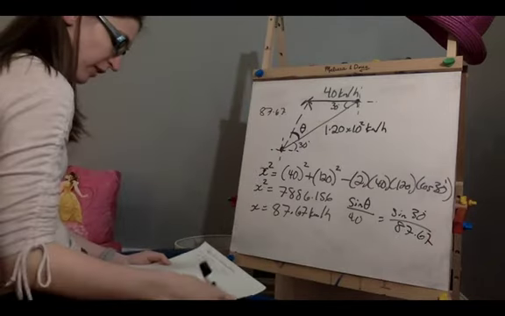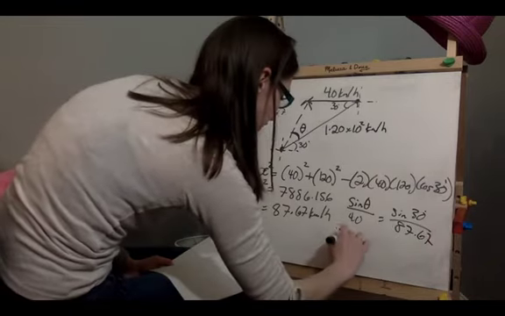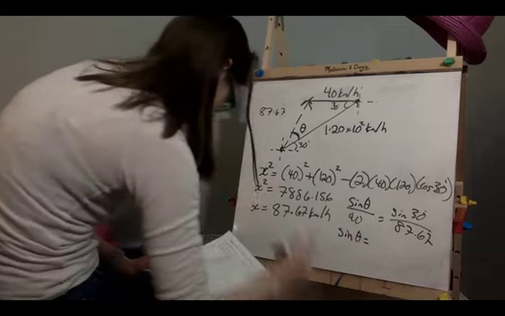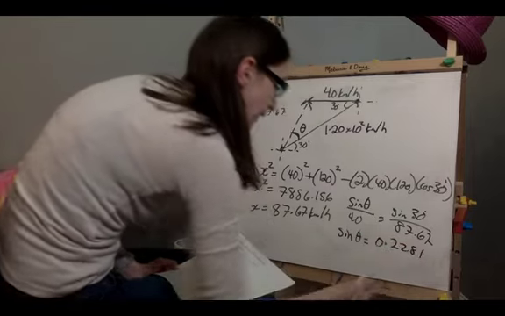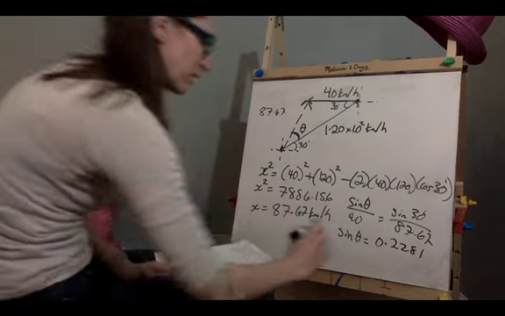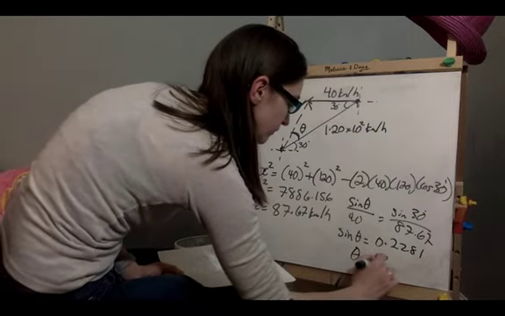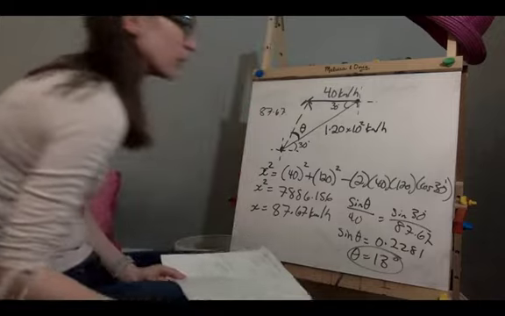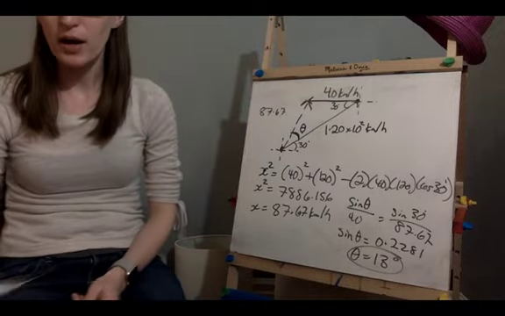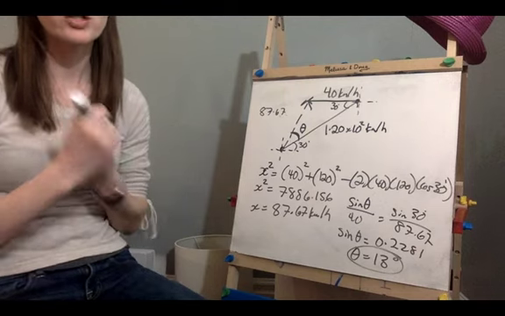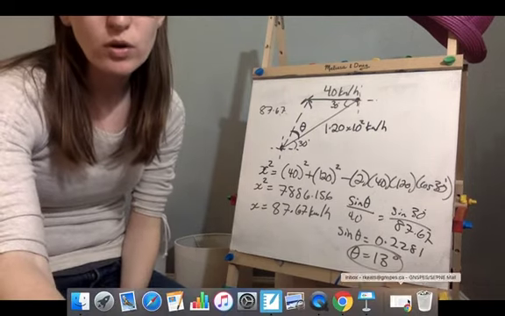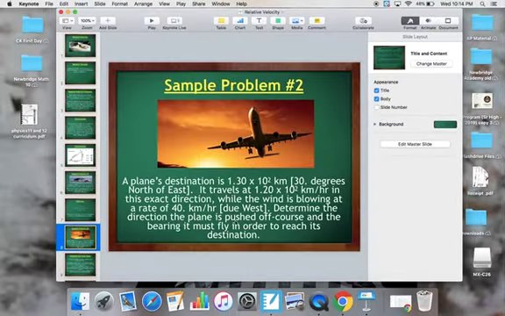Multiply both sides by 40, and we get sine theta on its own, equaling 0.2281. Then we take the inverse sine of that value, and we get 13 degrees. So the answer to part A is that our plane is being set 13 degrees off course. That was what was being asked.